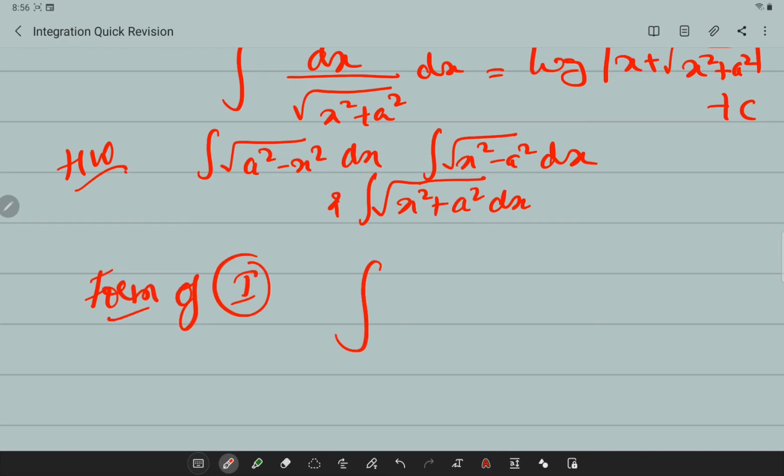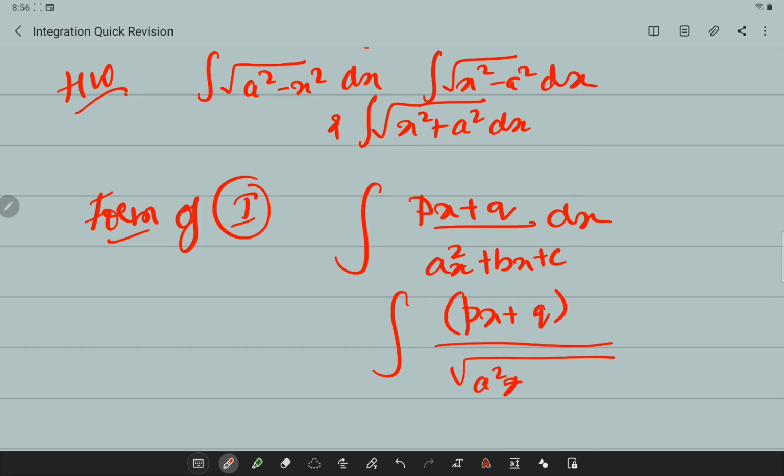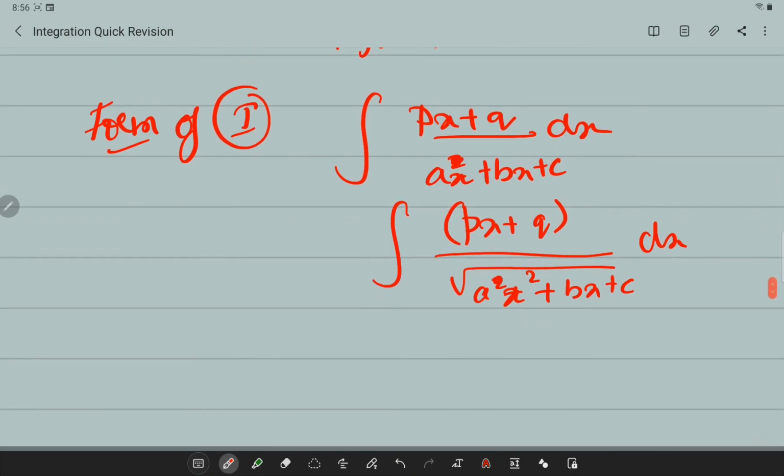So if your integral is in the form of px plus q by ax square plus bx plus c dx, or it is in the form of px plus q divided by root over ax square plus bx plus c dx, remember, px plus q must be written in the form of lambda into 2ax plus b plus mu.